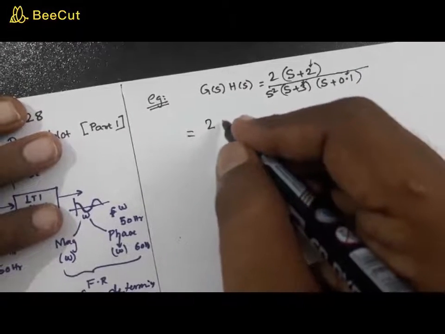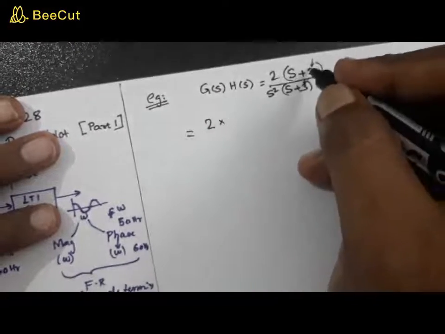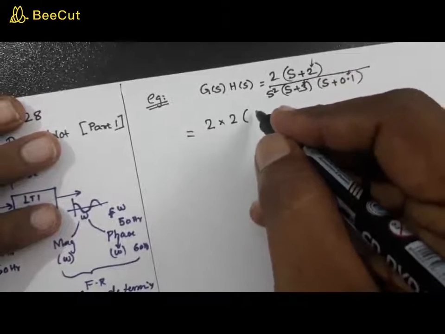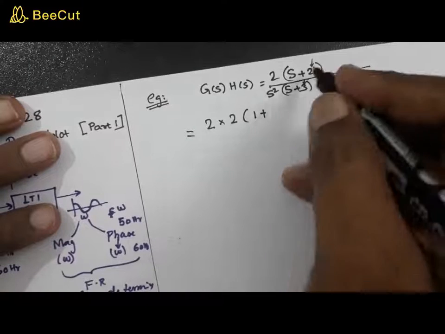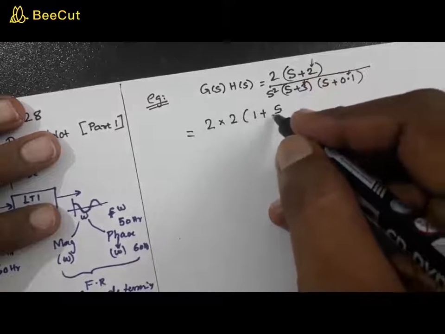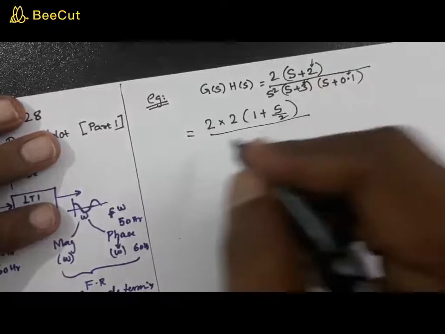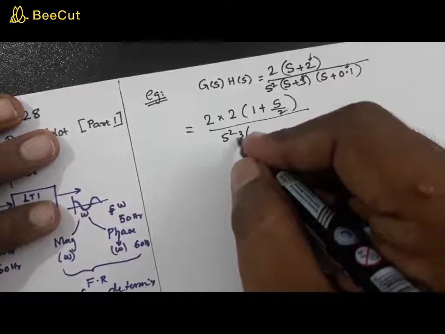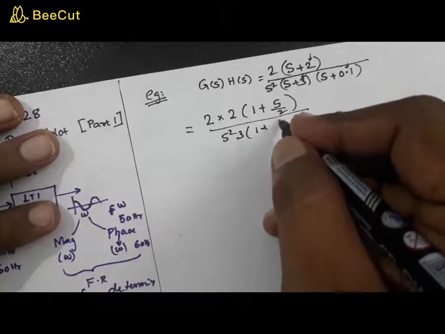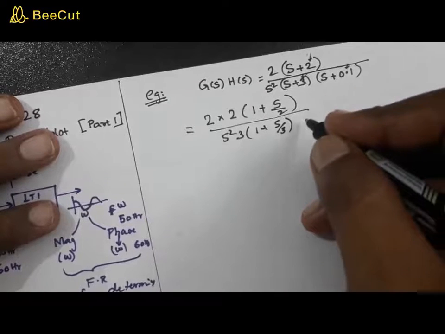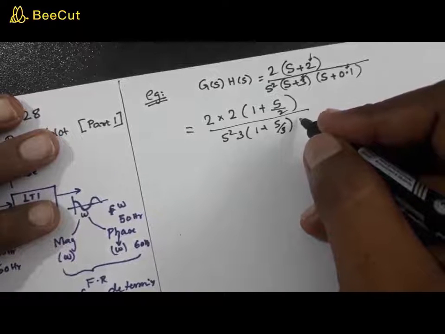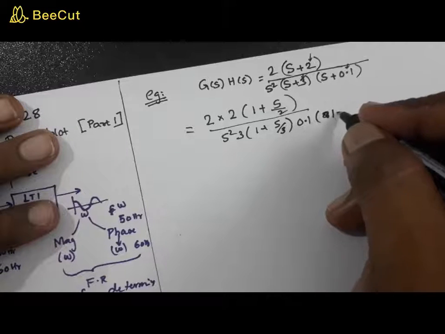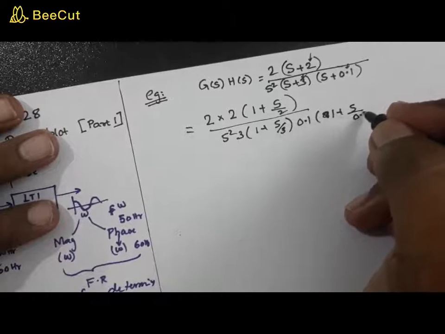Now you are taking 2 as a constant, so this will be 1 plus s by 2, divided by s square into 3 into (1 plus s by 3), into 0.1 into (1 plus s by 0.1).